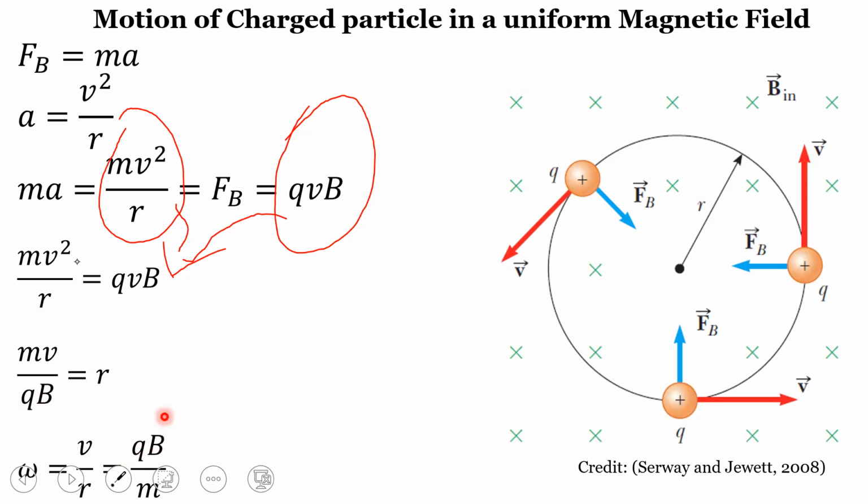And since V over R is equal to omega, then omega is qB over m. And that means that the angular velocity, which very soon we'll be calling cyclotron frequency.